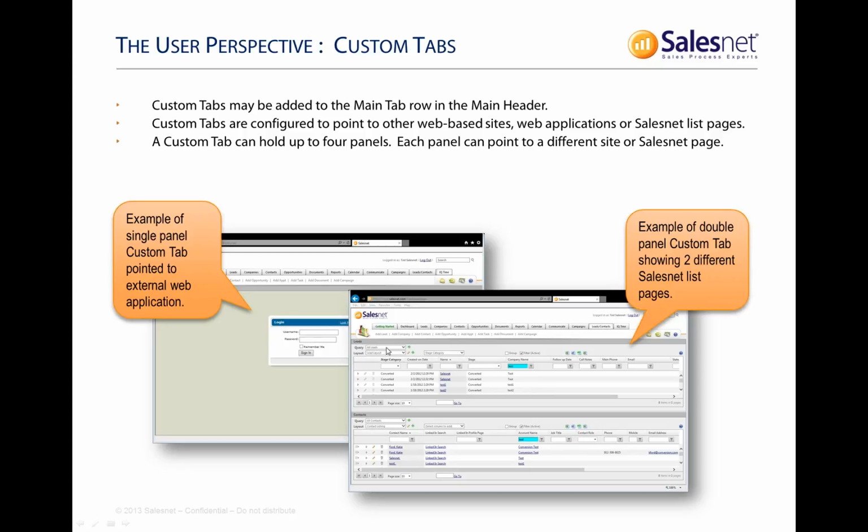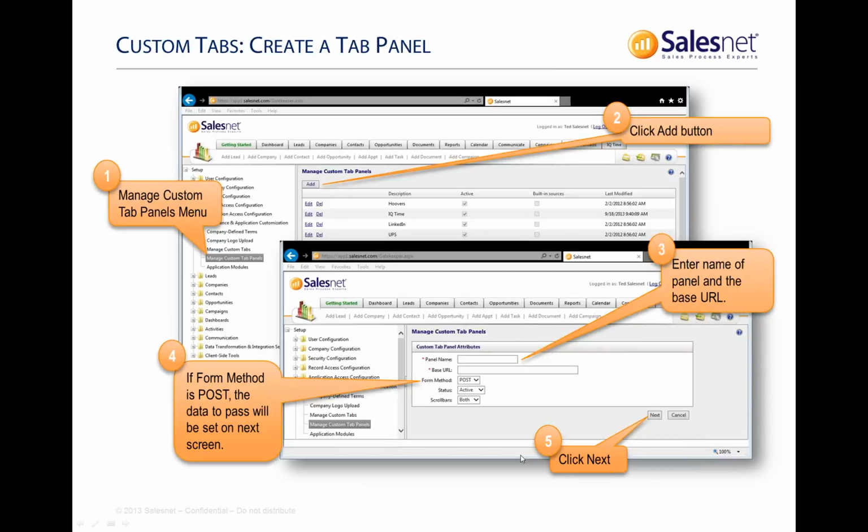So you'll see here in this screenshot, we're showing a leads panel and a contacts panel at the same time. So I can search for information in the two panels at the same time, so I can see them together. So how do we create custom tabs?